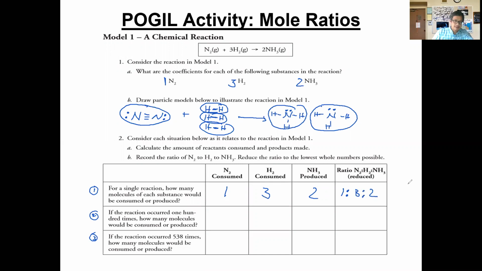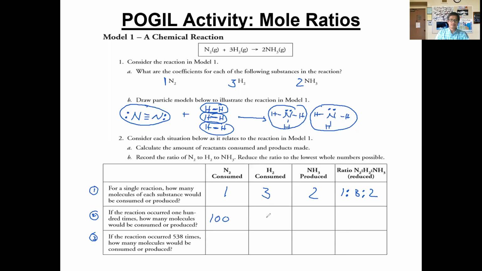Okay, all right. Let's take a look at the second situation, the second reaction. This time we're going to run the reaction 100 times. Then if we run it 100 times, we need to start out with 100 molecules of nitrogen.